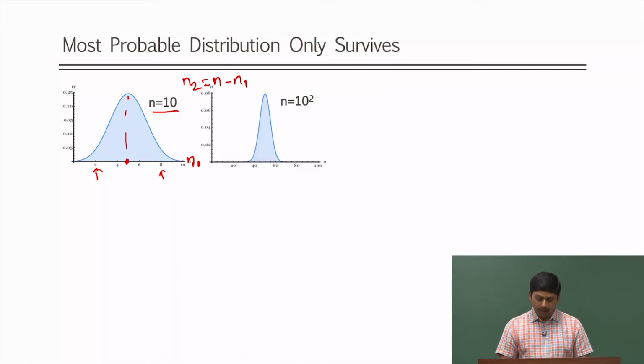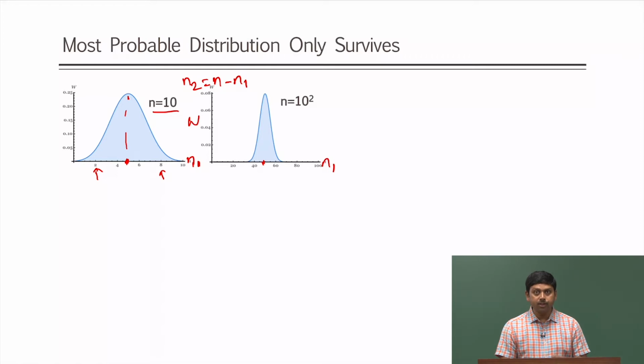Here we have plotted n1 and W again, and you see that the maximum is at n1 equal to 50, because the total number is 100, and it falls quickly by 40 itself.